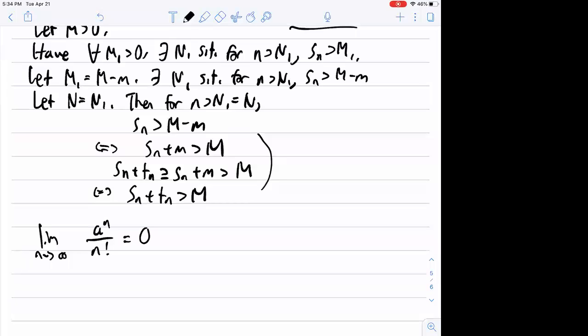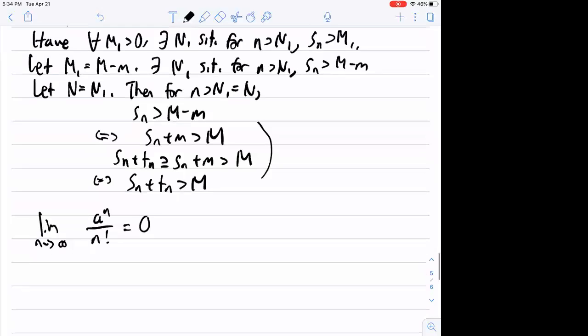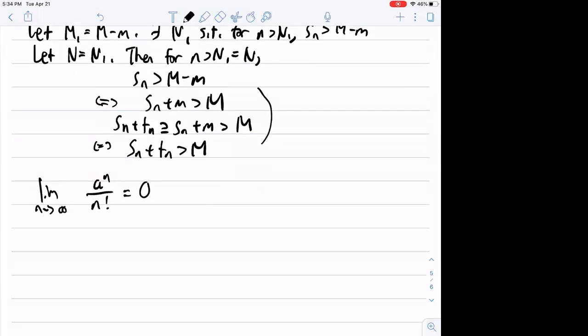The idea is, I'll let you show this, but the idea is, given a in R, the absolute value of n factorial is going to be bigger than the absolute value of a to the n for n large enough.